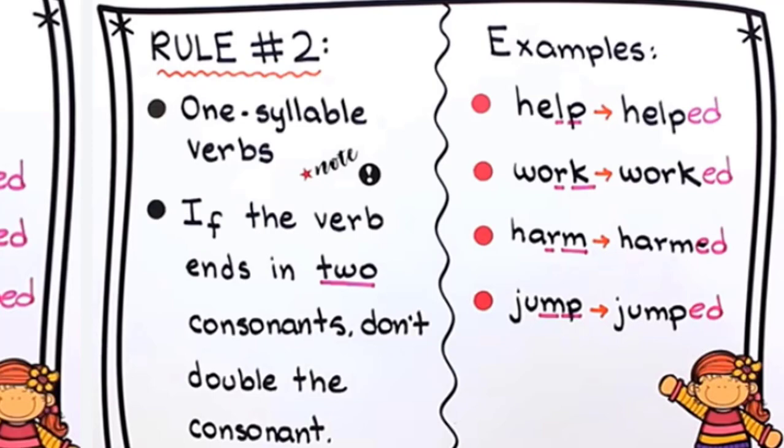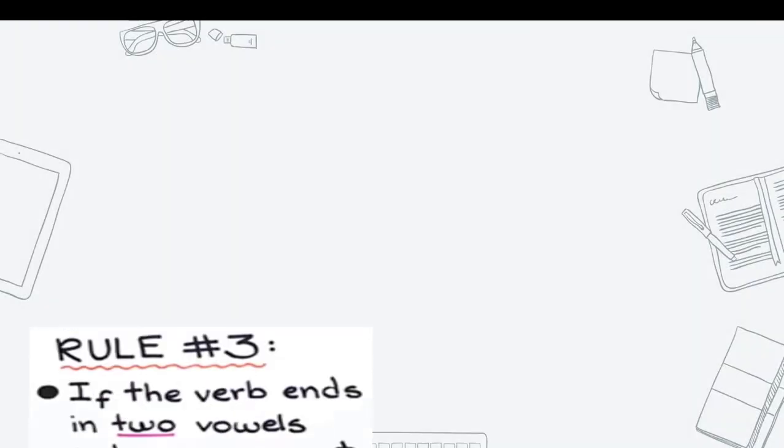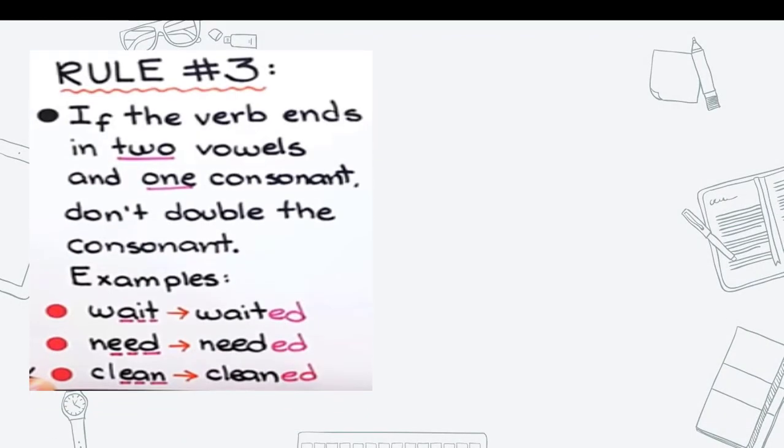Harm, harmed. Jump, jumped. ¿Listo? Another rule. If the verb finishes in two vowels, one consonant, you don't double the last consonant. Entonces, si tenemos dos vocales y una consonante, no duplicamos la última. Simplemente agregamos ed. You just add ed. Waited, needed, cleaned.